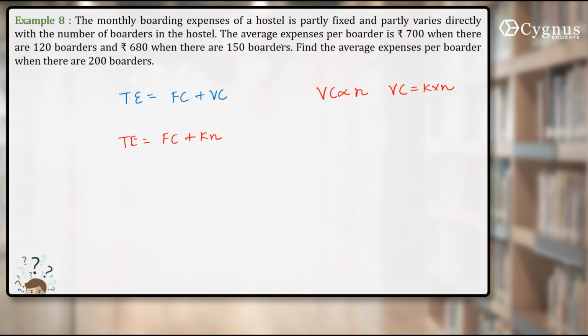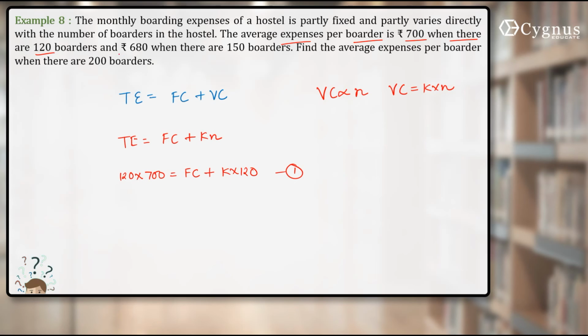It's given that the average expenses per boarder is 700 when there are 120 boarders. So this can be written as 120 into 700, since each one will be paying 700. So these are the total expenses which will be split into two parts like this. Fixed charges plus k into how many people are there? 120. This is case number one.